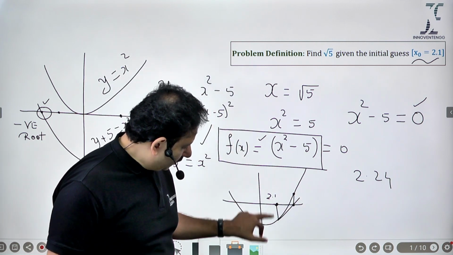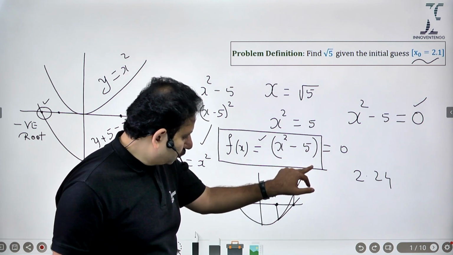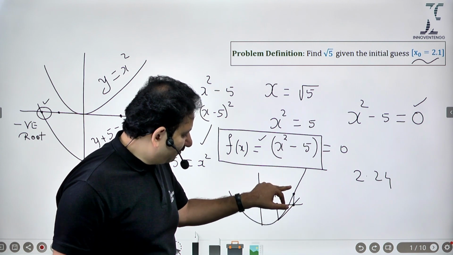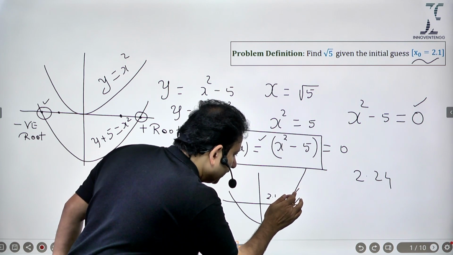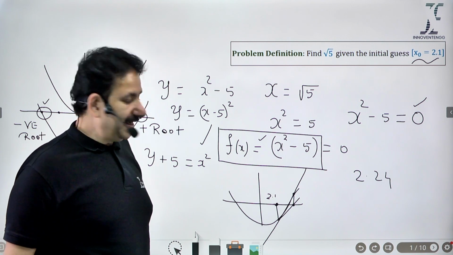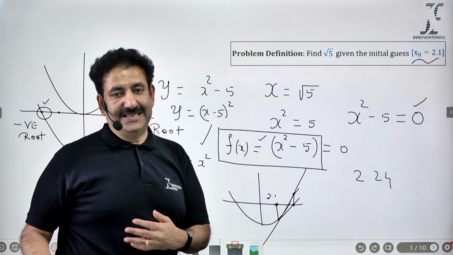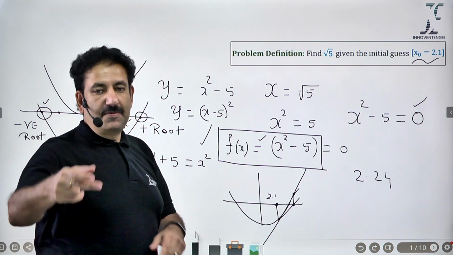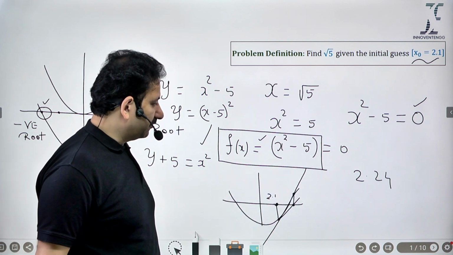We dropped a vertical and it cut the function at this point. I drew a tangent, and then wherever it cut the x-axis, from there I dropped one more vertical to the parabola, and from there I am going to draw a tangent which almost hits the root. Okay, this is just to give you an idea of what goes on in the Newton-Raphson method. First you overshoot a little and then come back to the root. Maybe in one or two iterations you will be able to achieve the square root of the function.